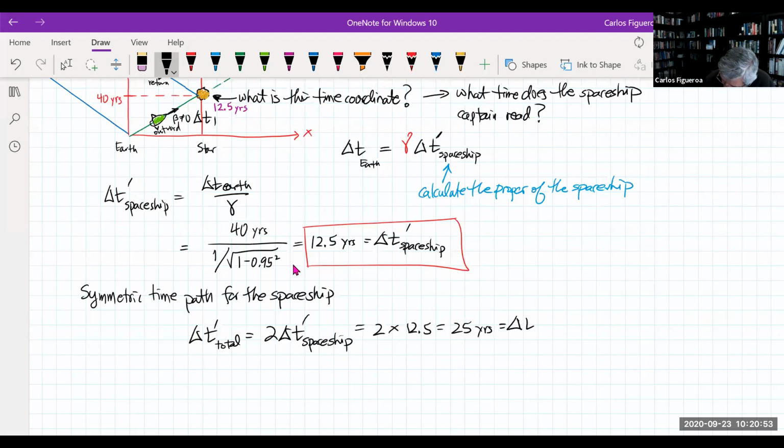And this is the total time to go back and forth relative to the prime frame.